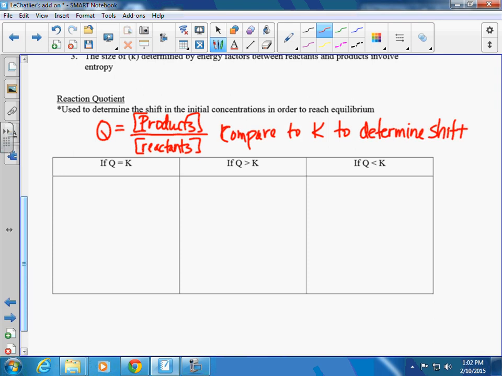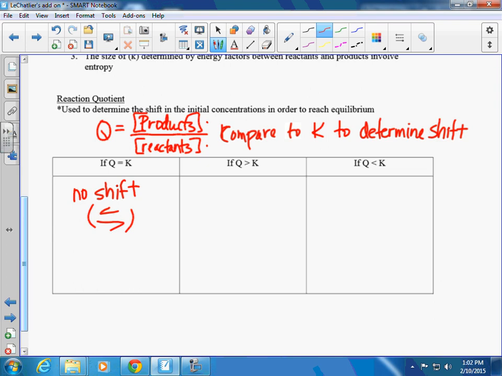If Q and K are equal, then there's not going to be any shift at all, because if they're equal, I'm at equilibrium. Now, if Q is greater than K, by looking at products over reactants, I must have too many products. It's too large.